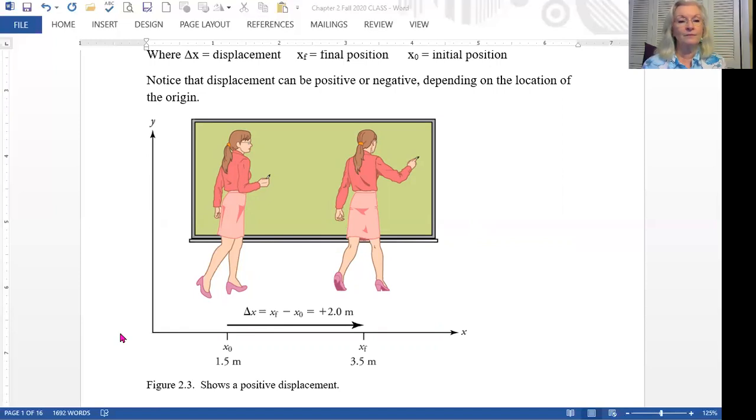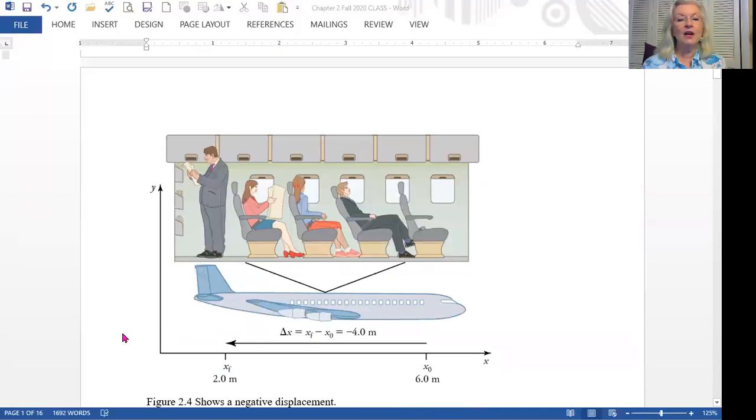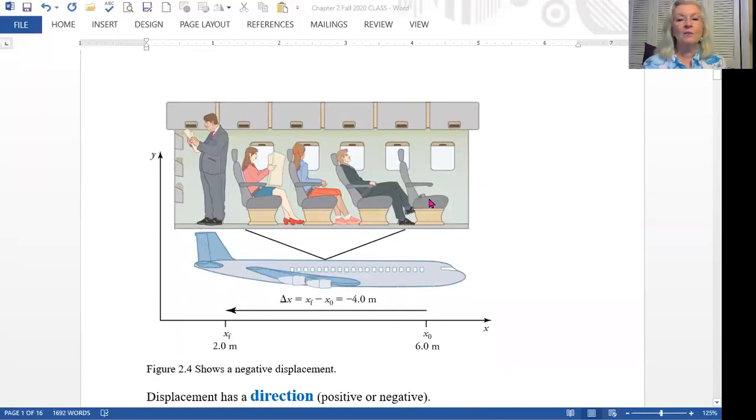In this example with the airplane, we have the passenger starting out in the front seat, walking to the back of the plane. So 6 is where we started, 2 meters is where we ended up. 2 meters minus 6 meters gives us negative 4 meters.